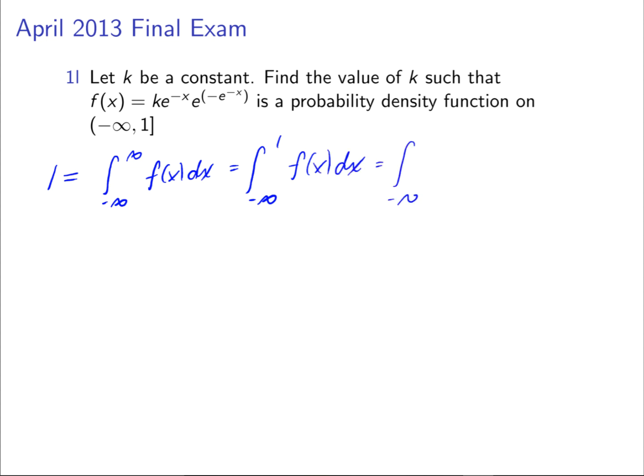And on this restricted domain, my probability density function is k times e to the negative x times e to the negative e to the negative x. I can evaluate this, as we did at the beginning of the video, using a u substitution.